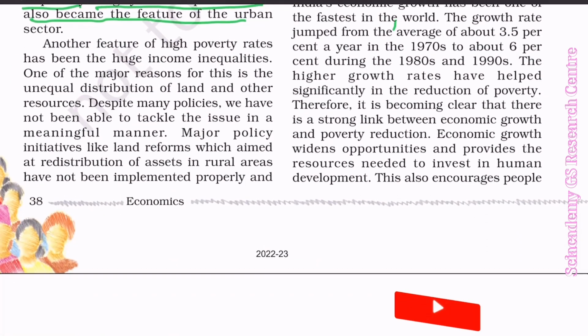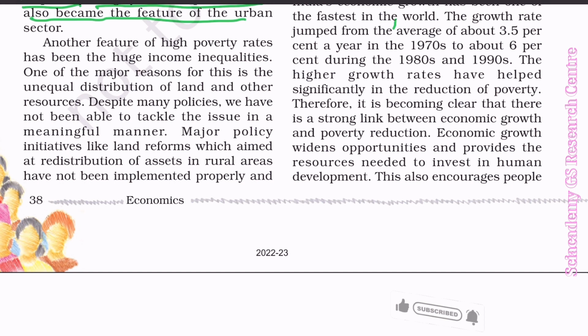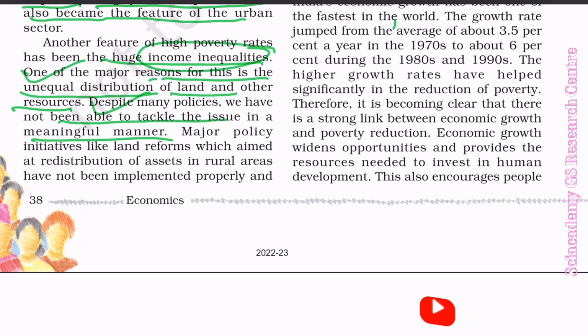Another feature of high poverty rates has been the huge income inequality. One of the major reasons for this is the unequal distribution of land and other resources. Despite many policies, we have not been able to tackle the issue in a meaningful manner.